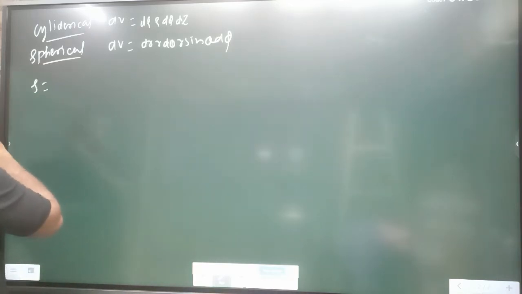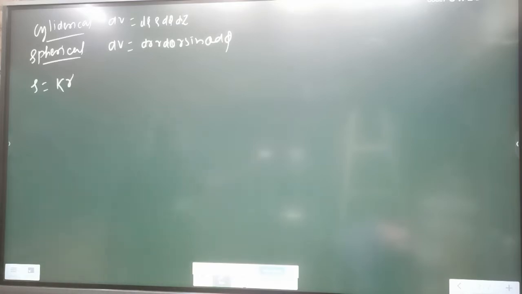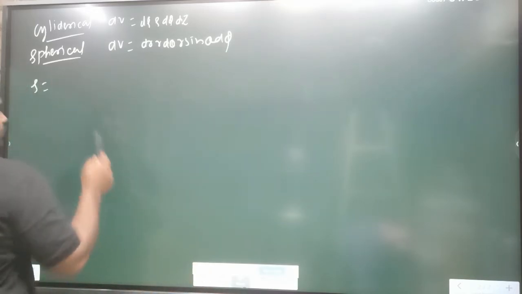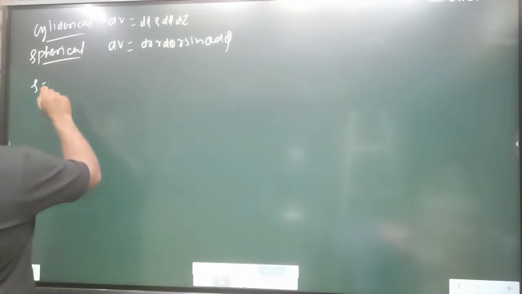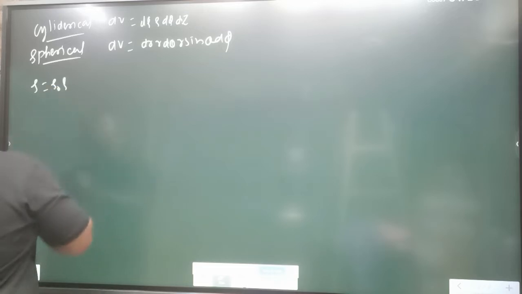Suppose the density rho is equal to k times the radius. Here rho means not a radius, here rho means a density. Rho is equal to rho naught rho.